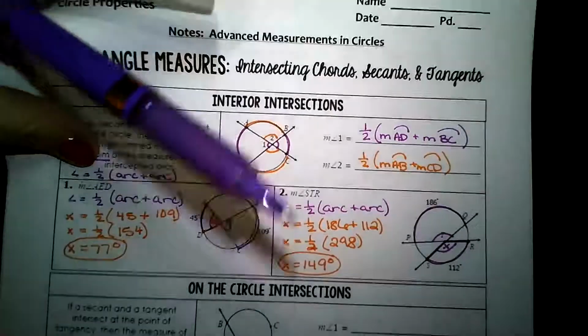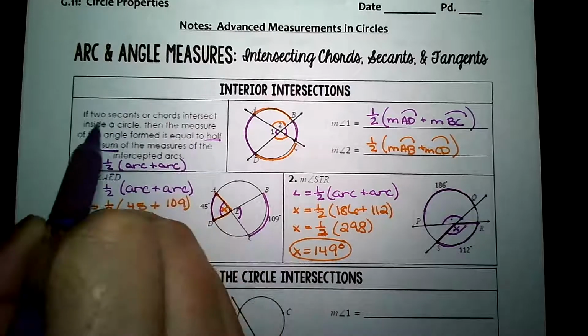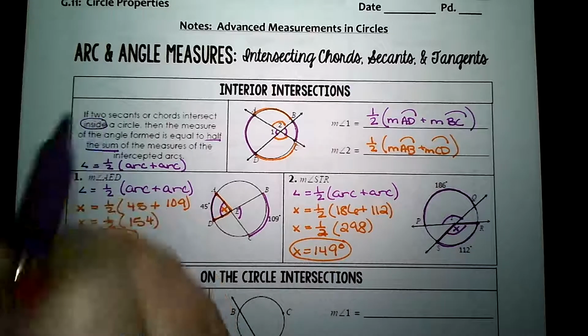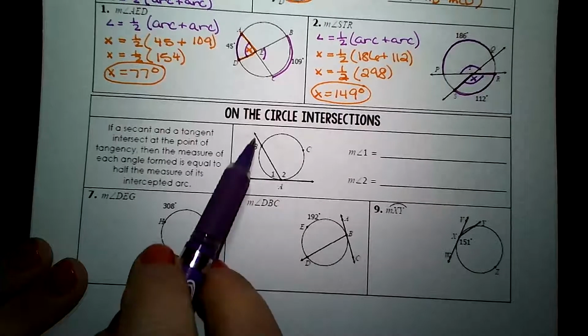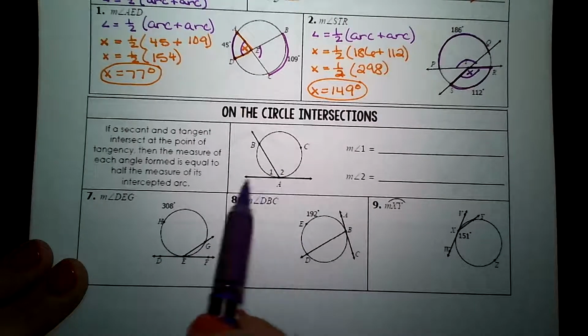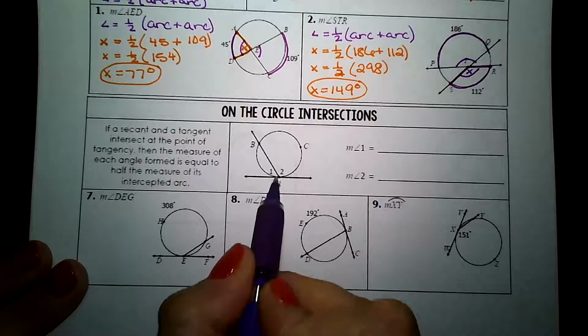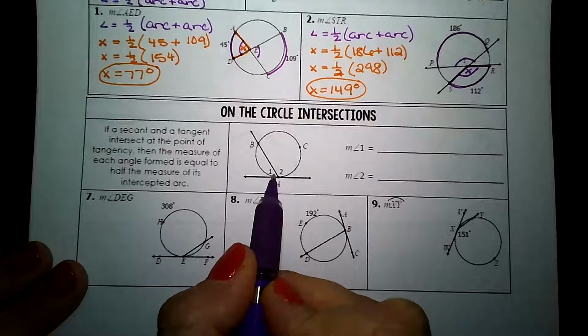All right, what if, let's just say, this postulate says that they have to intersect inside the circle. So what if we have a situation where the secant or chord and a tangent intersect at that point of tangency? They intersect on the circle instead.